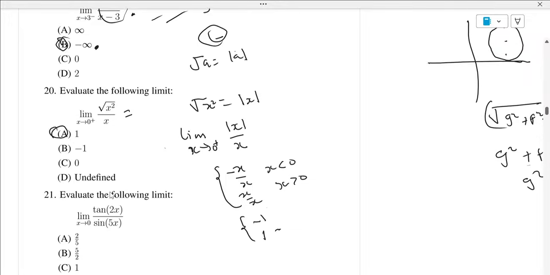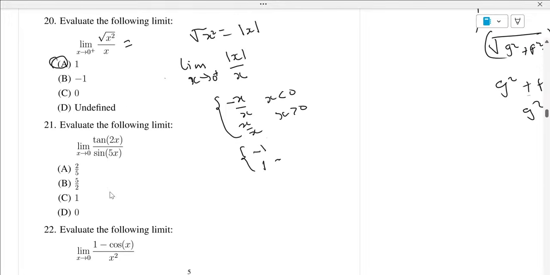Alright, question 21. Evaluate the following limit. Limit as x approaches 0 of tan 2x all over sine 5x. So how do we go about this?